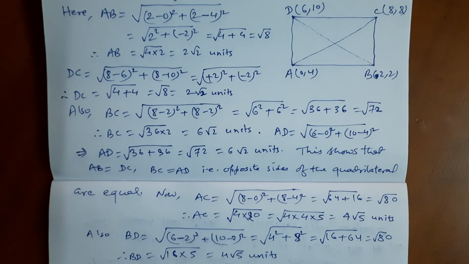We should show all sides equal, and we also need to show that the diagonals are not equal. In a rhombus, diagonals will not be equal, but all sides are equal. That is the difference between a square and a rhombus. In a square, all sides equal and diagonals also equal, but in a rhombus, all sides equal, but diagonals will not be equal.